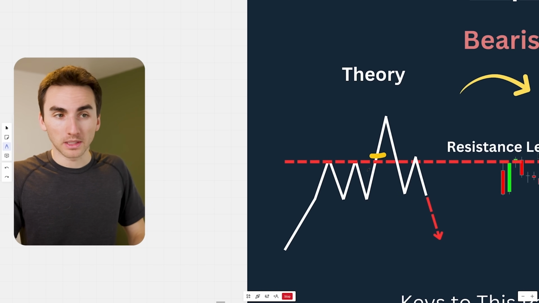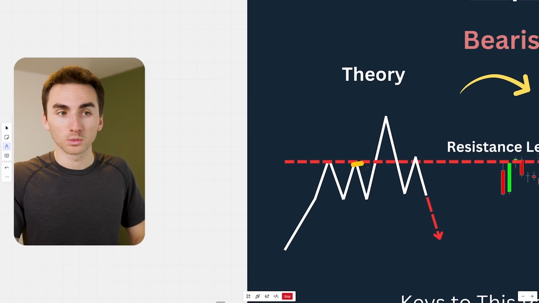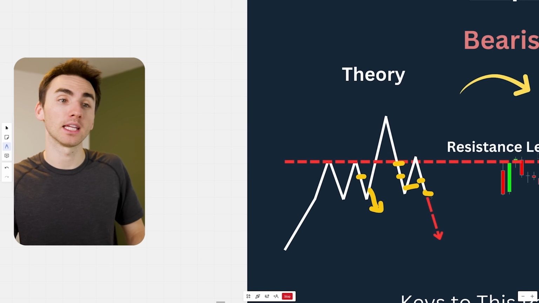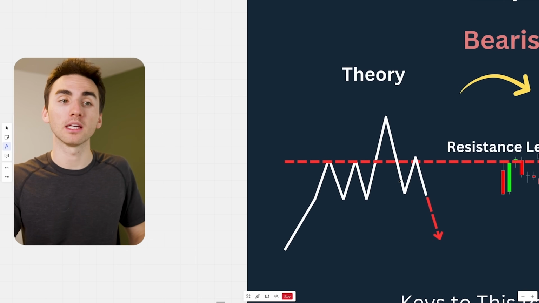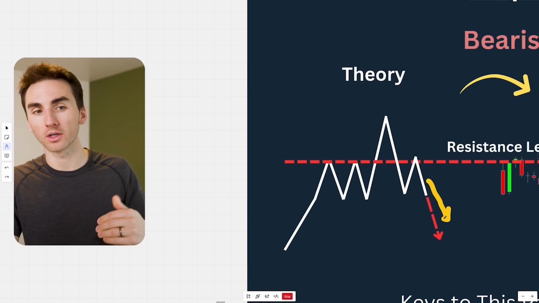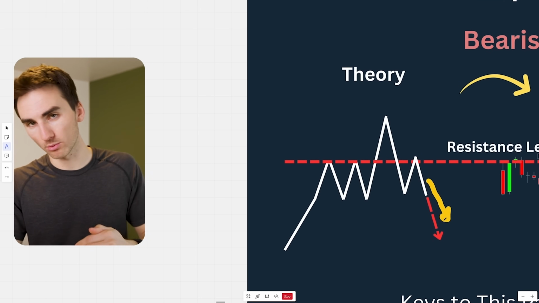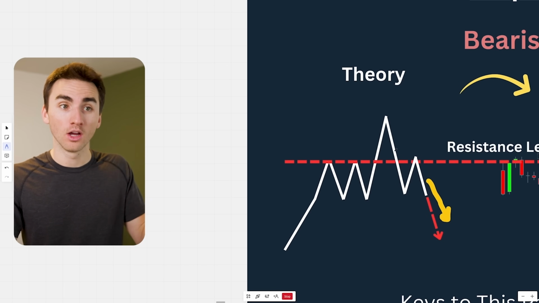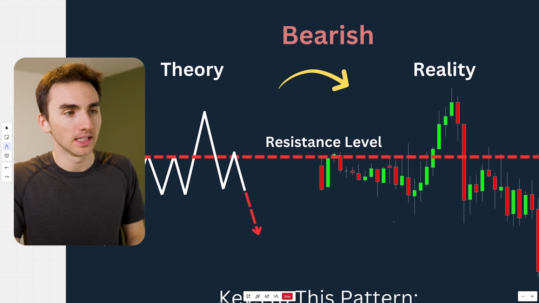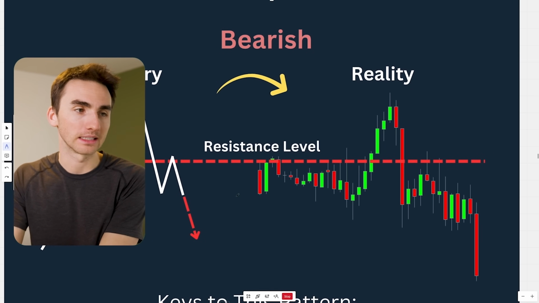And then the other people that were betting short over here are seeing it come back in, and they're going to want to get in. That's kind of a double whammy, which has more likelihood to push the market lower and continue that reversal. And so I like to get in once it kind of confirms that it's a failed breakout like this. And so here's a more realistic example.